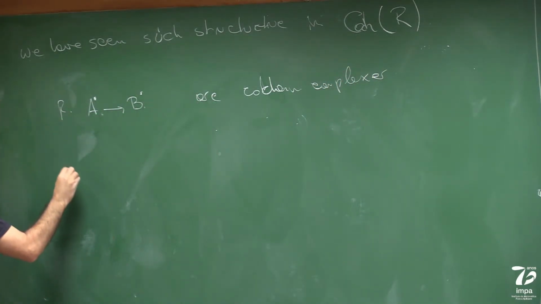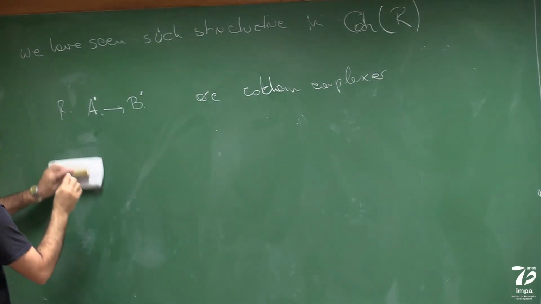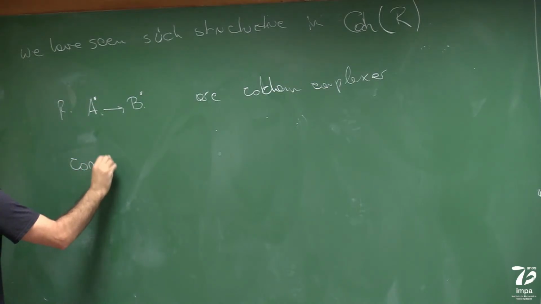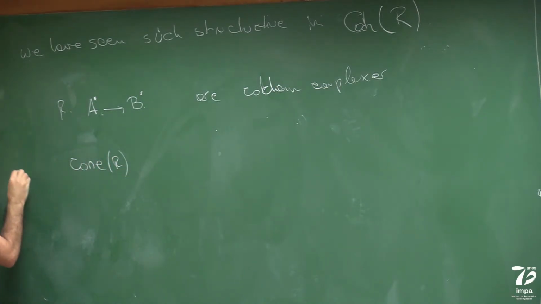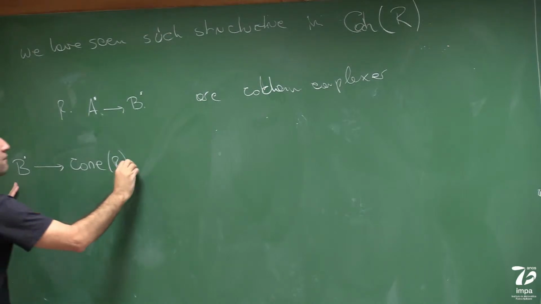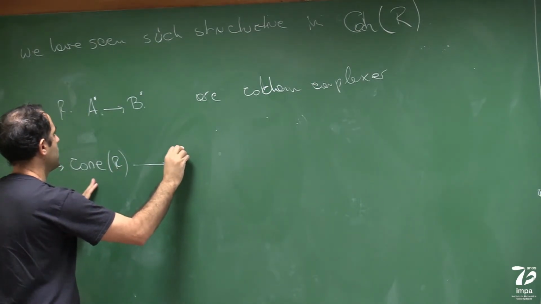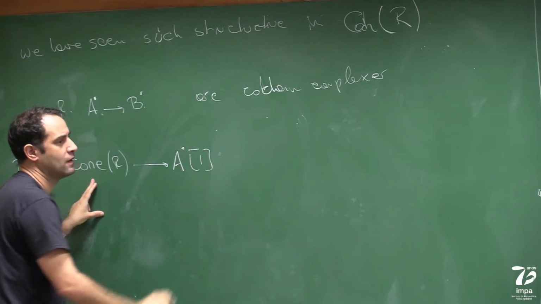Then we had the cone of F, and the cone of F satisfied the condition that you had a map from B to the cone of F. This was a complex that fit into an exact sequence of complexes where you had this A shifted by 1.